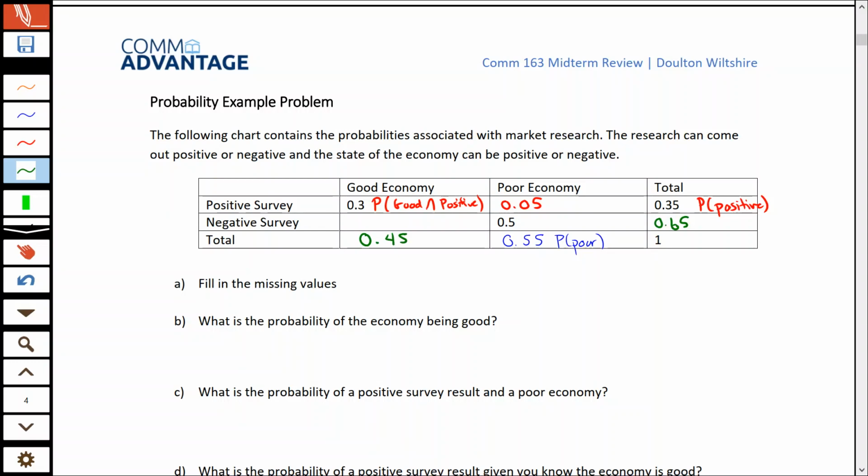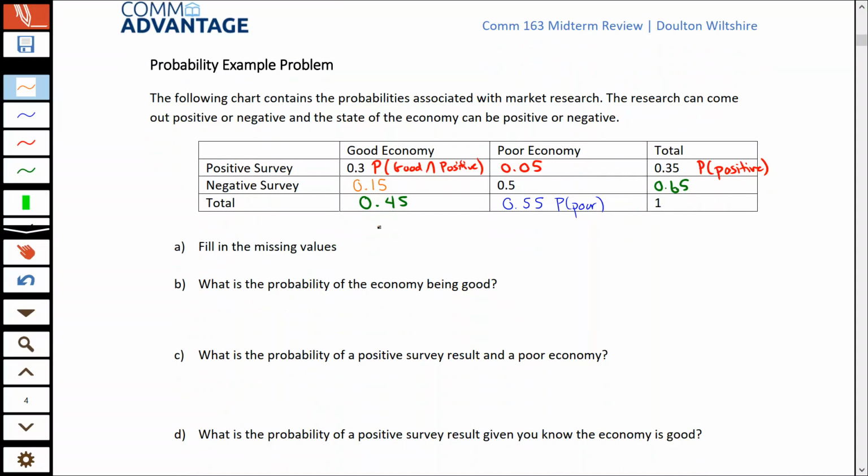So I can use either the negative survey row or the good economy column to determine that the negative survey and good economy has to be 15%. So you just kind of want to work backwards knowing how things sum up.